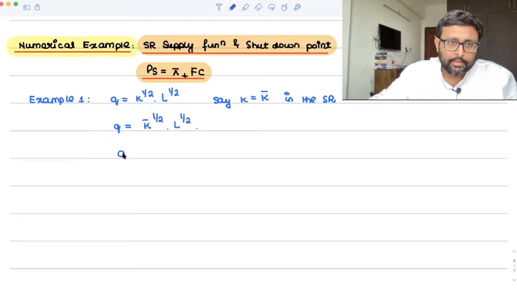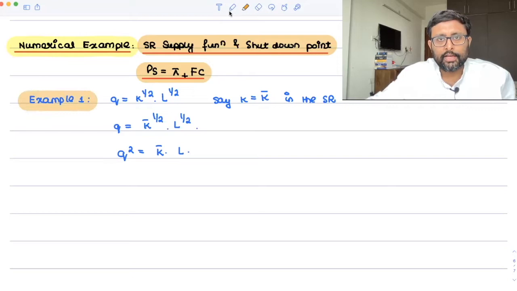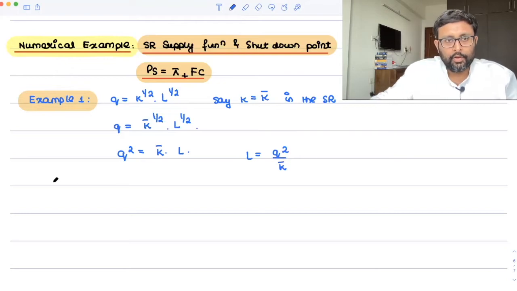So I can write this as Q square is equal to K bar L. I can take the square of both sides and I'll be getting this. Fair enough. So what is the value for L? Q square by K bar.